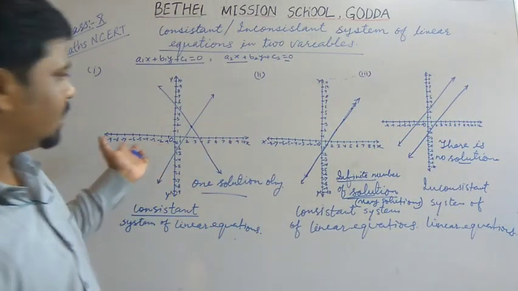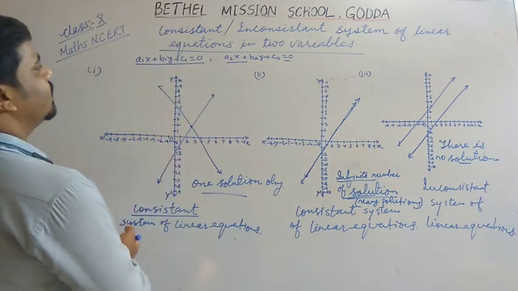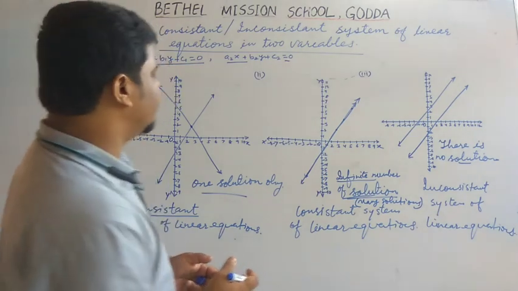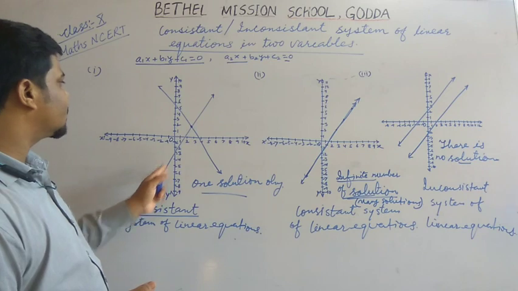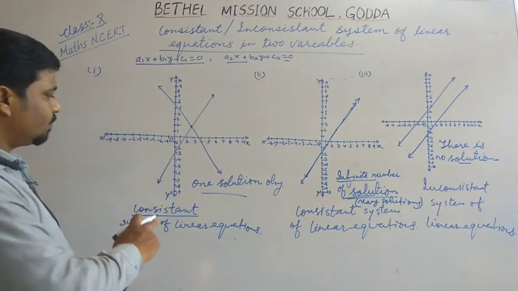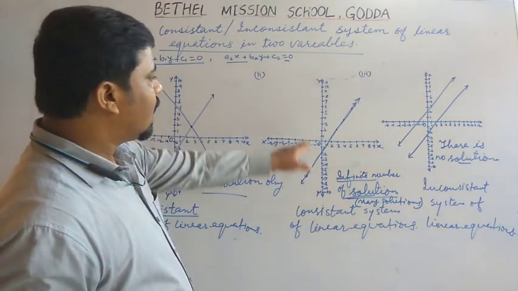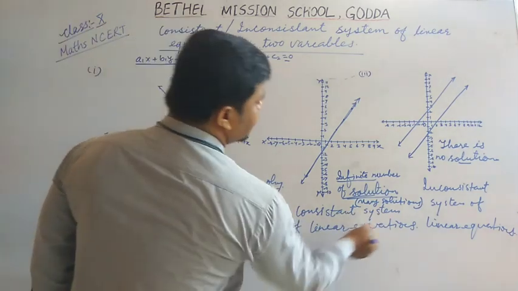So you can see, by this graph you can understand consistent and inconsistent systems of linear equations. If the lines intersect at a point, at least one point, that is called a consistent system of linear equations. If the lines coincide with each other, that is also called a consistent system of linear equations.